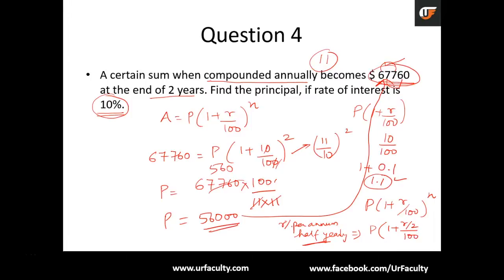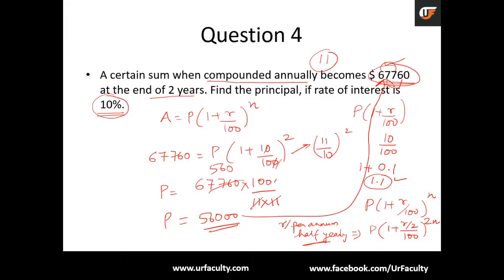And what happens to your duration? You are doing it twice a year, so it becomes 2n. So your equation becomes P into 1 plus R by 2 by 100 to the power of 2n.